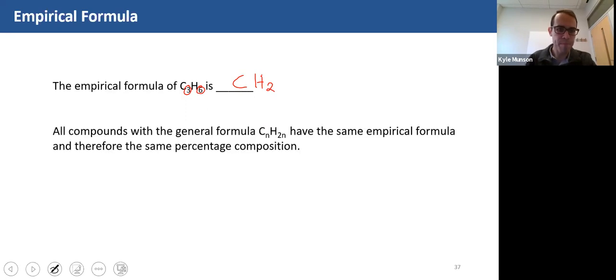So all compounds in this example with the general formula CnH2n have the same empirical formula and therefore the same percentage composition.